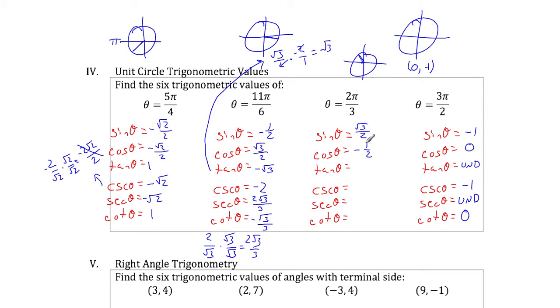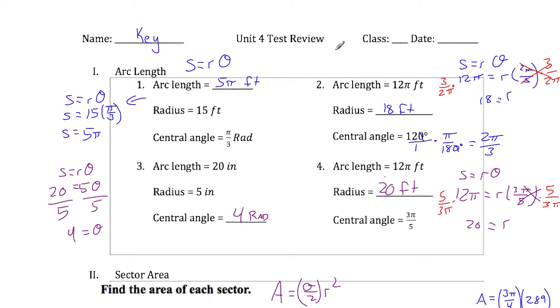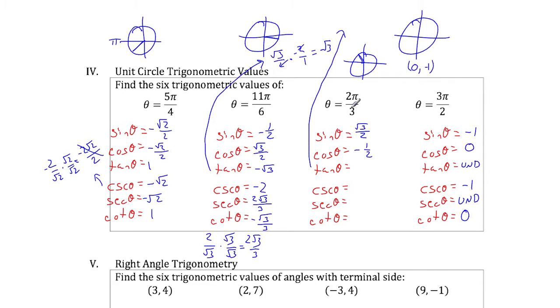Tangent is going to be y divided by x. Okay, so tangent is y divided by x, it's sine divided by cosine.